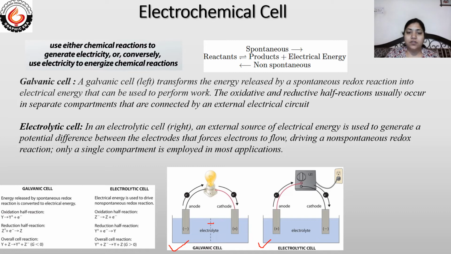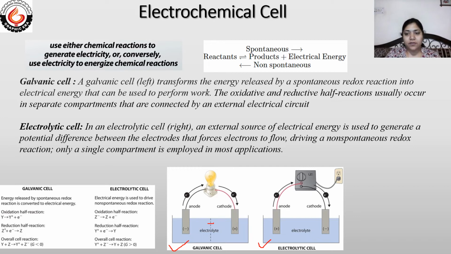So these two are major differences in the galvanic cell and electrolytic cell, and these both cells are known as electrochemical cells. Electrochemical cell means where we deal with electricity and chemicals, and whether the chemical energy is converted into electrical or electrical energy is converted into chemical energy.